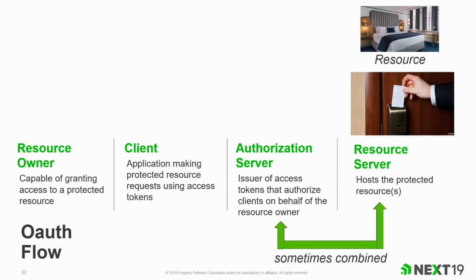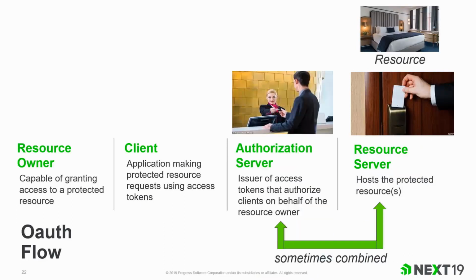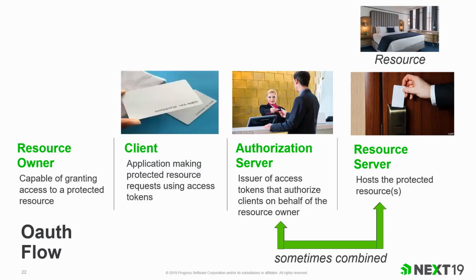The party authorizing your access to the room is the front desk. The client token is your access card. Oh, and by the way, your room is the resource. The client token is your access card, which allows you to gain access to the room.